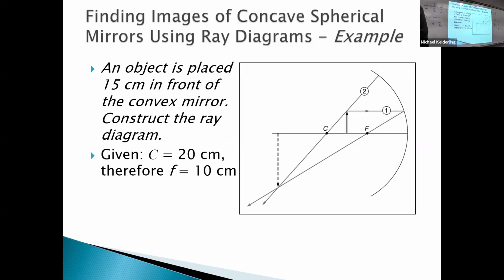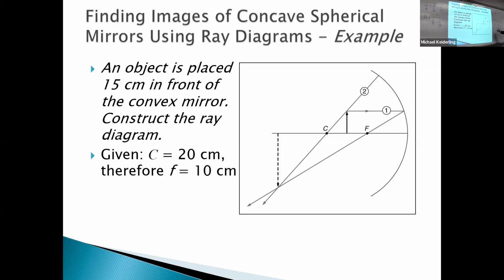Here we have an object 15 centimeters in front of the convex mirror. We want to construct the ray diagram. Again, we're given that C is 20 centimeters and the F is therefore 10 centimeters. So you can draw this and get the image forms further away here.